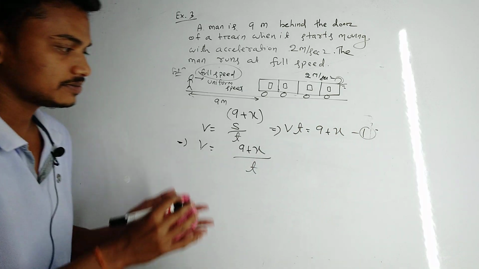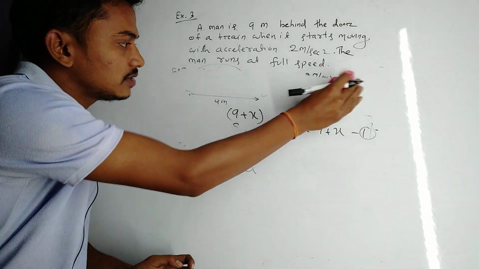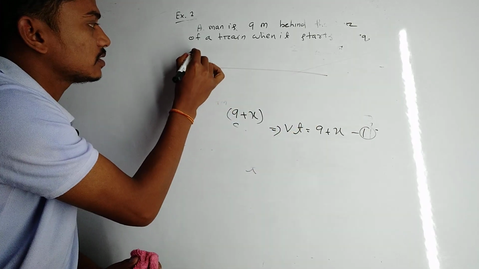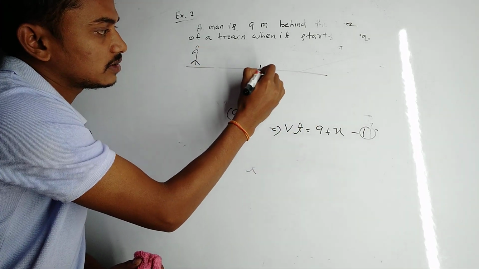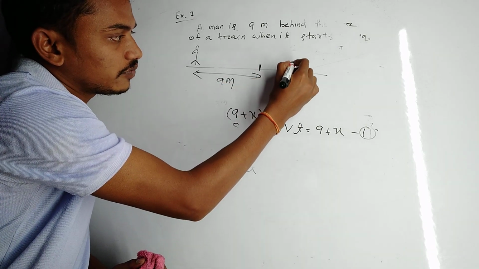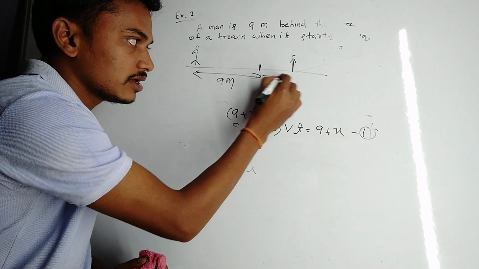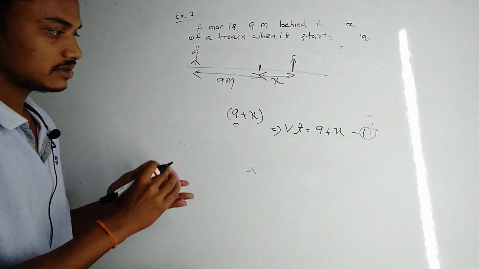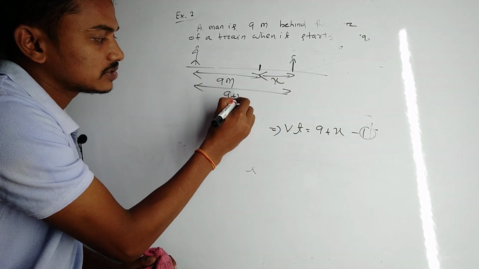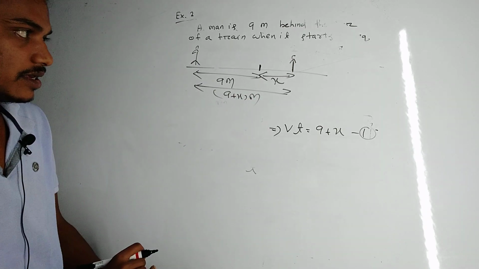This is equation 1. Now the situation: this distance is 9 meter, and when the man gets into the train, this distance is x, so the total distance is 9 plus x meter.